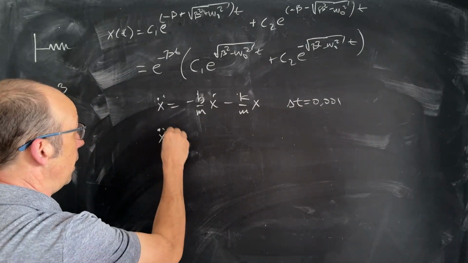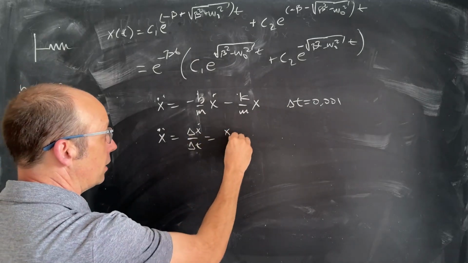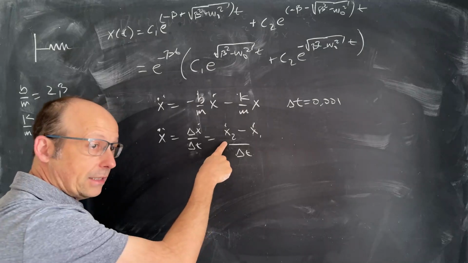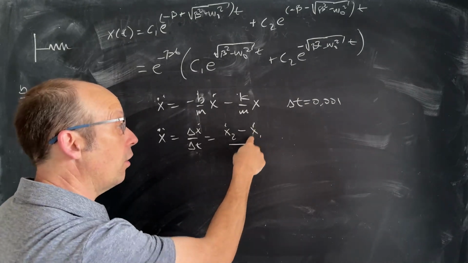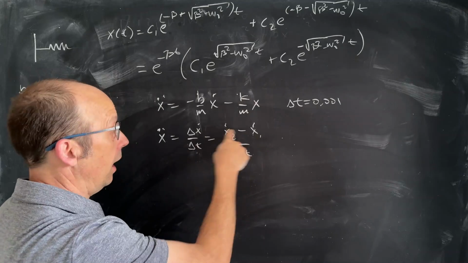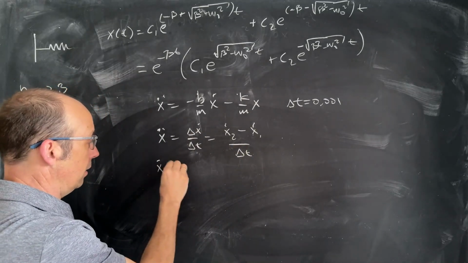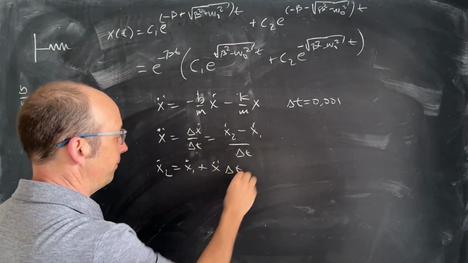So x double dot is delta x dot over delta t, which would be x2 dot minus x1 dot over delta t. So this is the velocity at the end of the time interval. That's the velocity at the beginning of the time interval. So if I know the velocity at the beginning of the time interval, I can find it at the end after I calculate x double dot. x2 dot is x1 dot plus x double dot delta t.